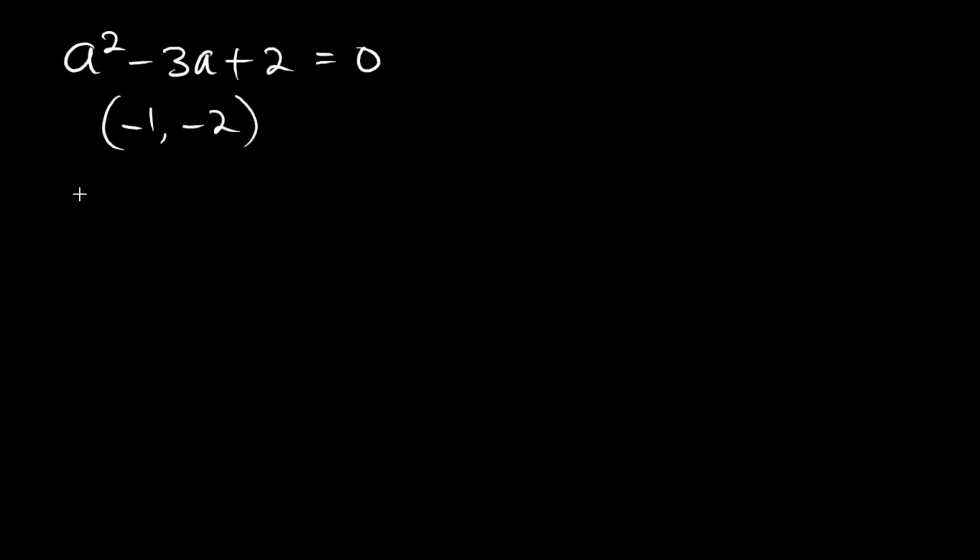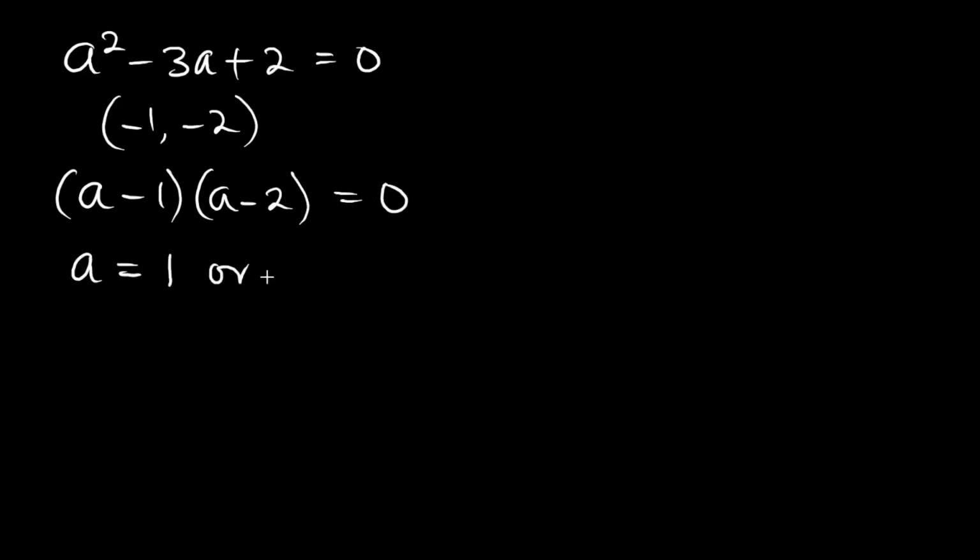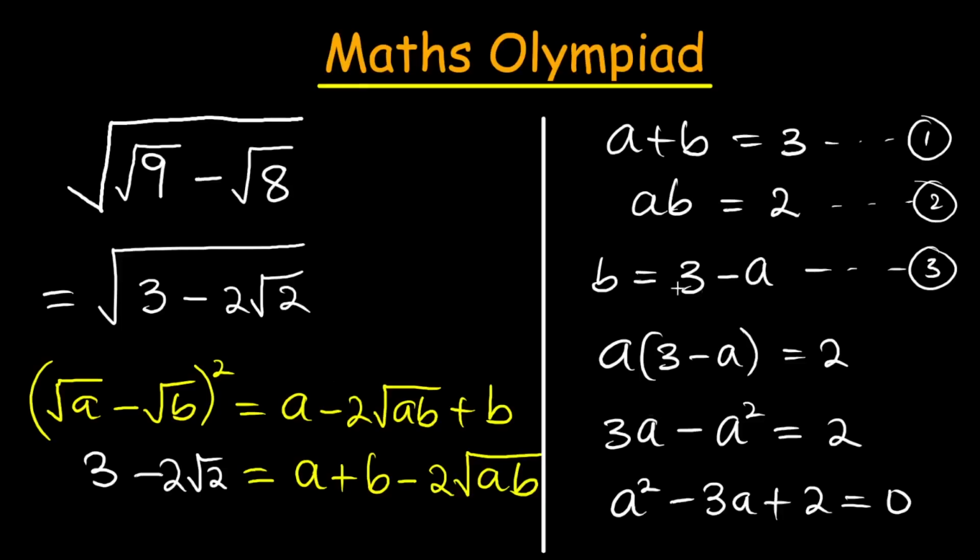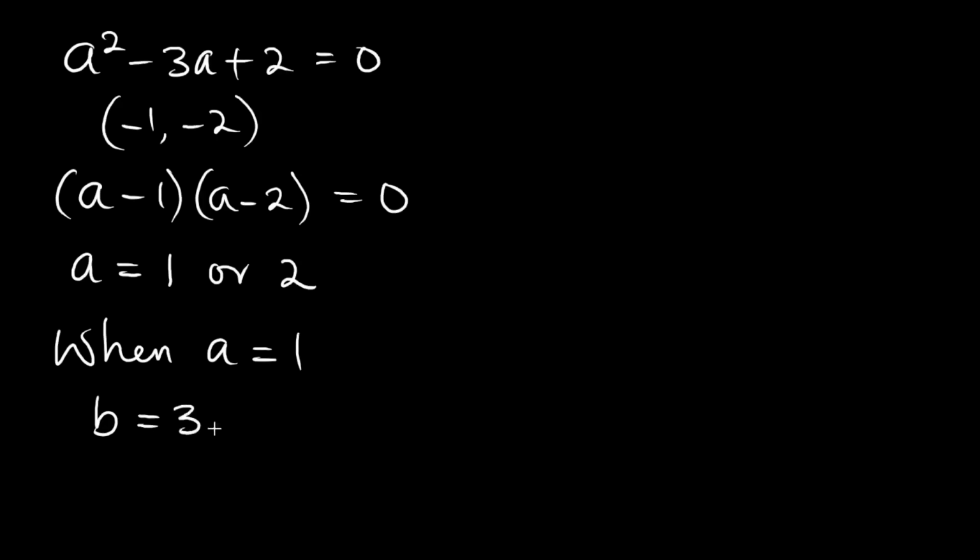To express this as factors, putting them in brackets, a minus 1 times a minus 2 is equal to 0. At the end of the day, a is equal to 1 or a is equal to 2. Now we are going to solve for b when a is equal to 1. Recall that b was equal to 3 minus a, so b is equal to 3 minus 1, and b is 2.